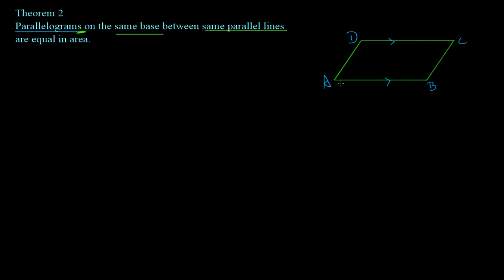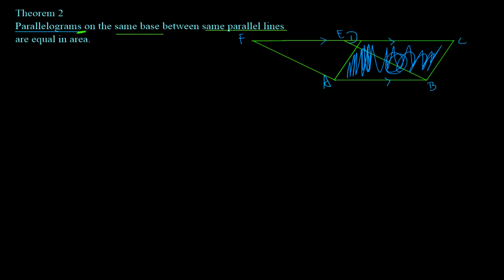If we want to make the base AB, then we need to draw a parallelogram touching base AB and touching the side DC. So now what we need to prove is that the area of the parallelogram ABCD, so this area, is equal to the area of the parallelogram ABEF, so this parallelogram.